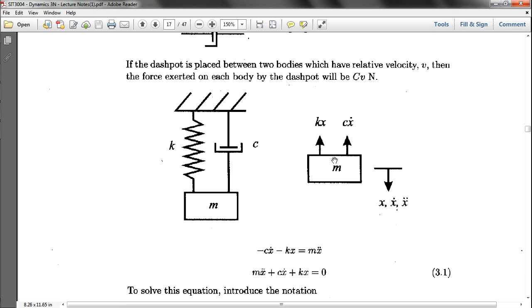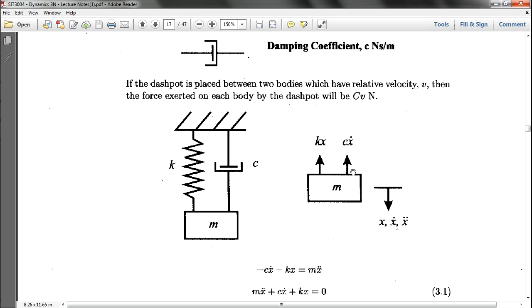What this means is that when you pull this down, there will be a certain displacement x, velocity and acceleration, all three going down. And then there will be a coefficient times x dot, because the damper has a certain velocity, with a damping coefficient times its velocity.